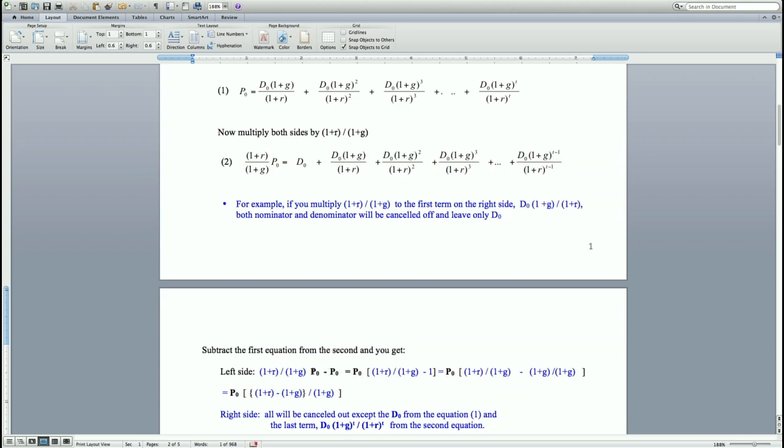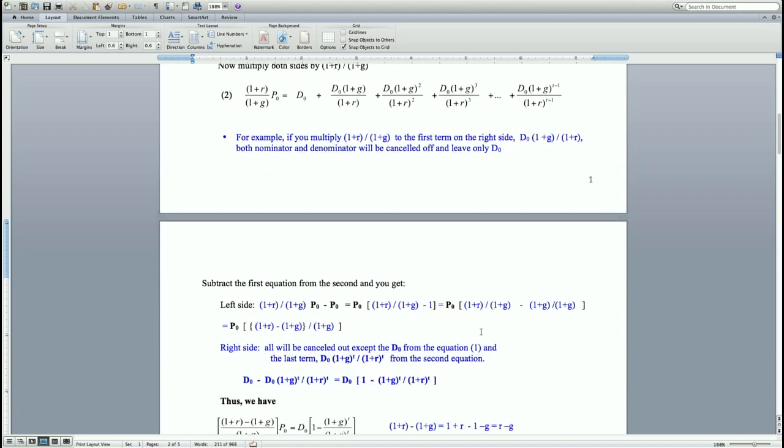Simply, we pulled out P0, which both sides have, and then inside, look at that, minus 1. Numerator 1 plus r, denominator 1 plus g. Remember, 1 means a over a. If you do a over a, what does it equal? 1.